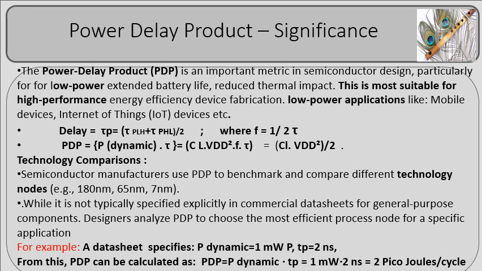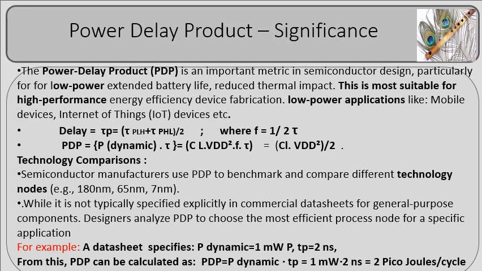The power delay product, PDP, is an important metric of a semiconductor logic gate design, particularly for high energy efficiency, low power applications. It is crucial for understanding the dynamic performance of energy efficient digital devices. PDP specifies the energy efficiency of a gate, that is, the energy consumption for a single switching event.